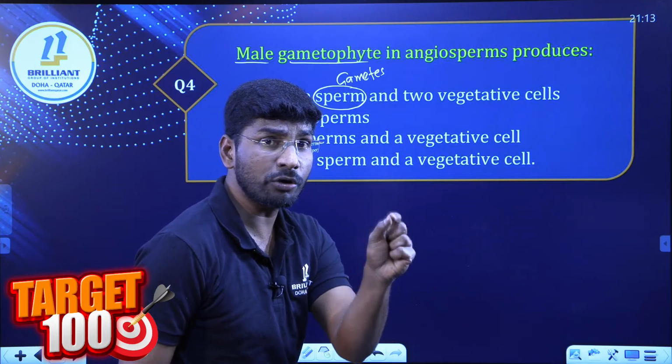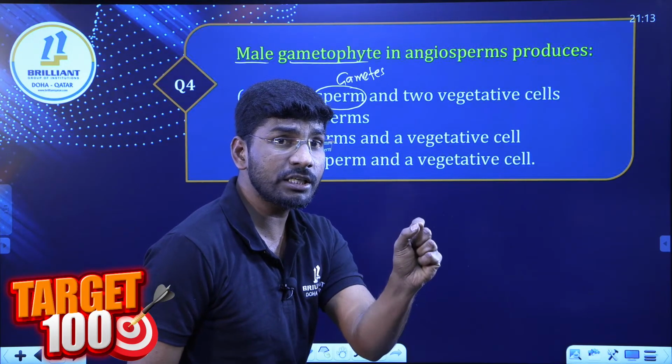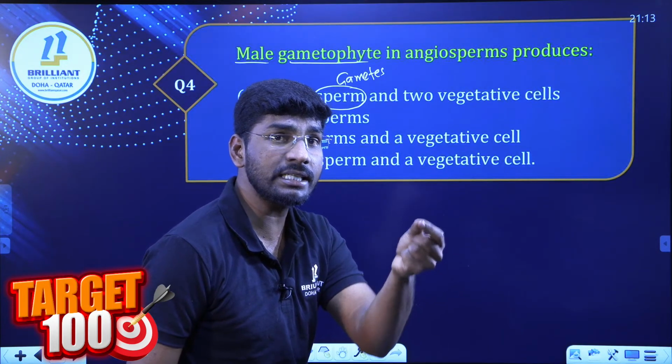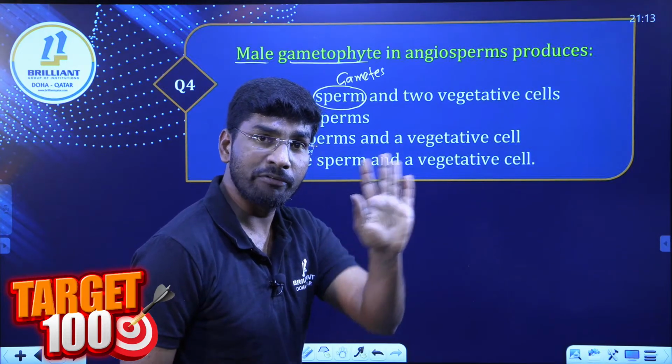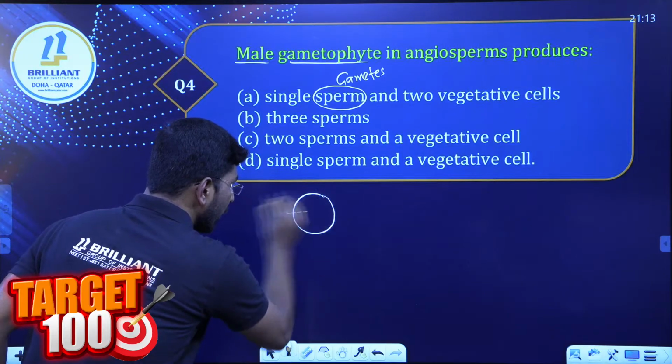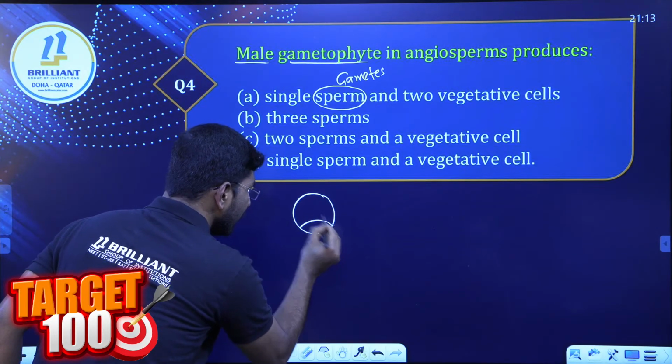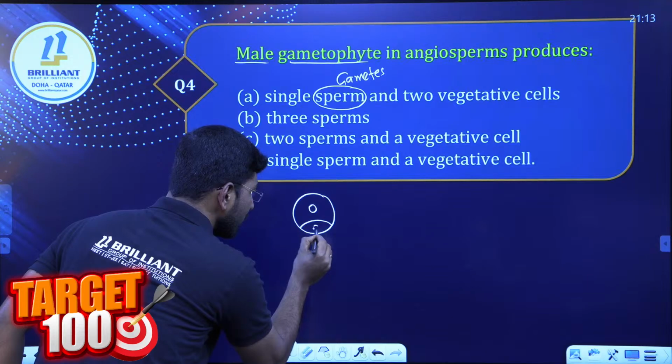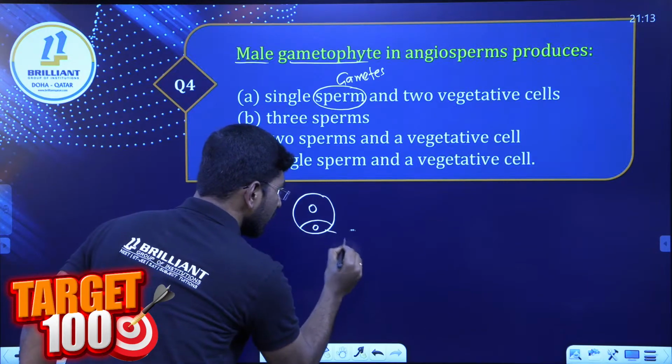If you can recall, 60% of pollen grains are released at the 2-cell stage. We already discussed this. Look here, this is a microspore or pollen grain. One big cell we call the vegetative cell and one spindle-shaped cell is called the generative cell.